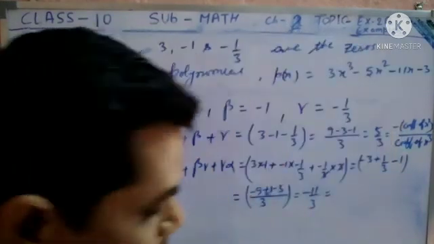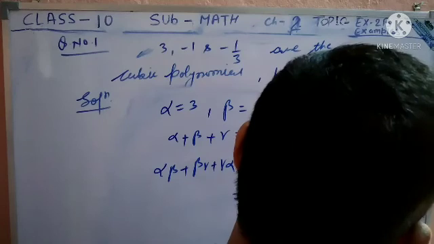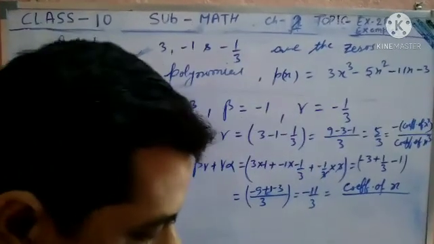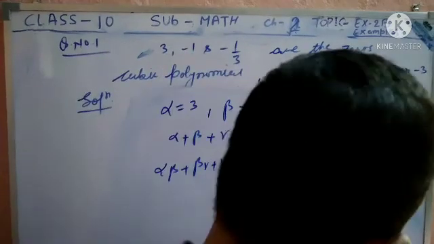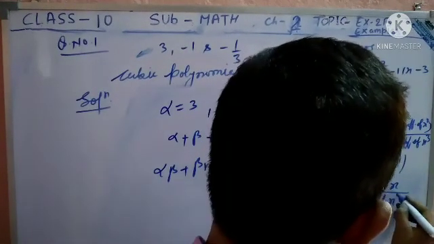So that is coefficient of x divided by coefficient of x cube.